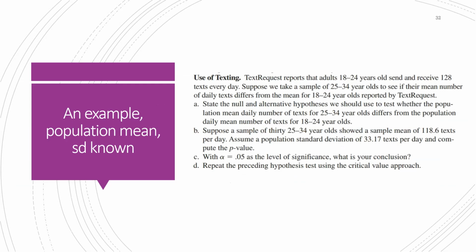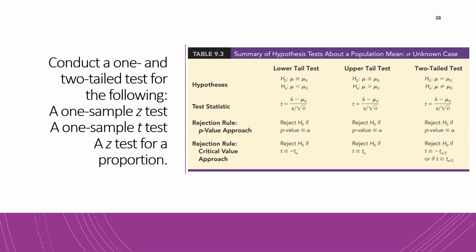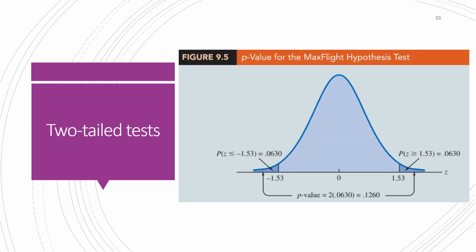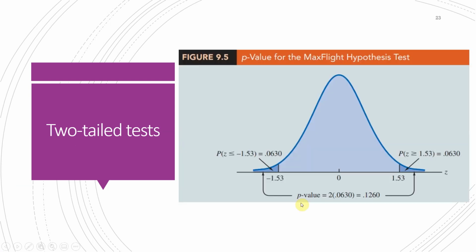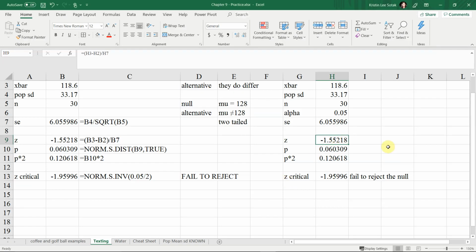So let's go back to an older slide that we looked at in terms of the two-tailed test. Remember, we were talking about the golf ball example, when we said that it's non-directional. So this is exactly what happened. We calculated our z-score, and it's actually pretty close. Wow.